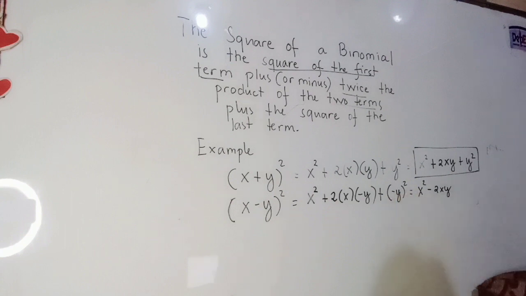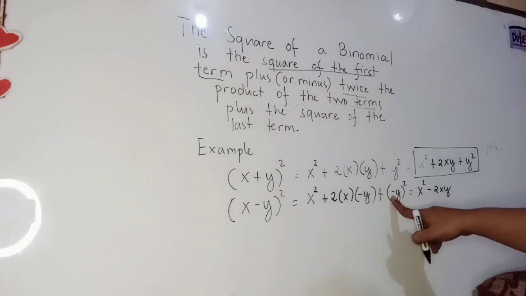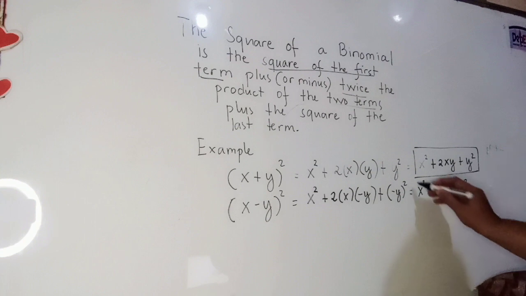And how about this one? Since we're squaring negative y to itself, that means negative y times negative y. Again, babalik po tayo doon sa rules ng ating signs whenever we are multiplying. So, negative y times negative y will give us positive y squared.